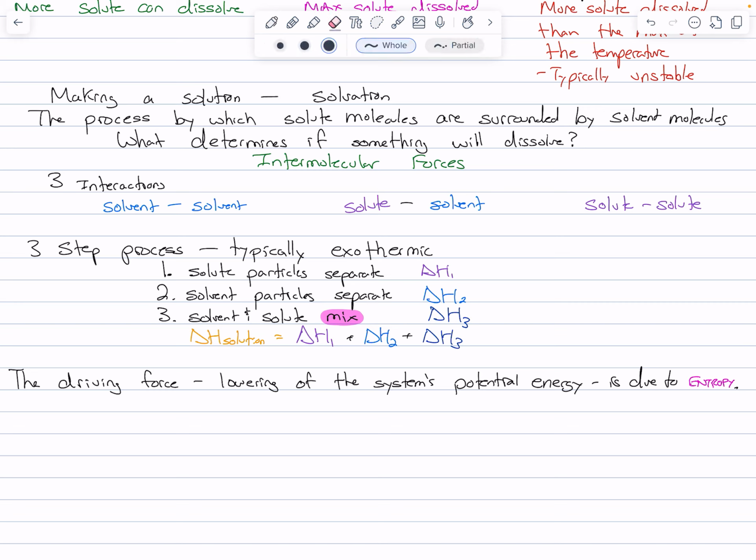And so what is entropy? Good question. Entropy is how dispersed, or spread out, the system's energy is.